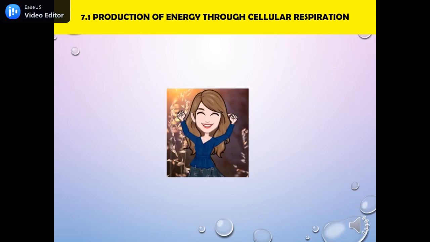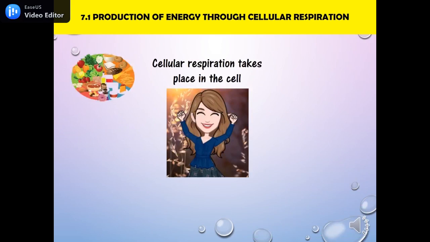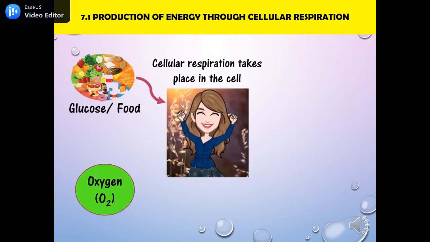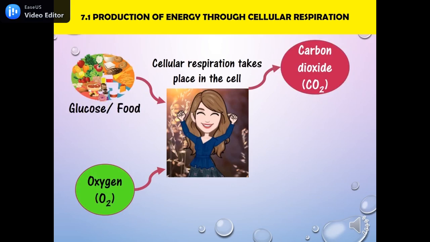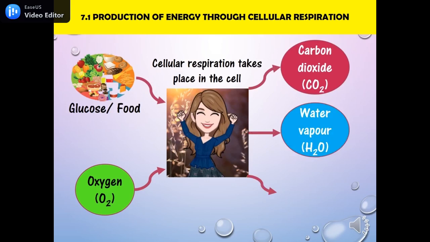Okay, so the energy that we get from cellular respiration takes place in the cells, which is food or glucose intake, oxygen intake, release carbon dioxide, release water vapor, and release energy.